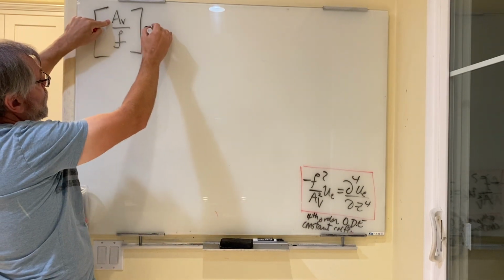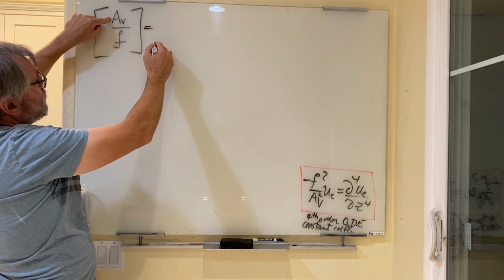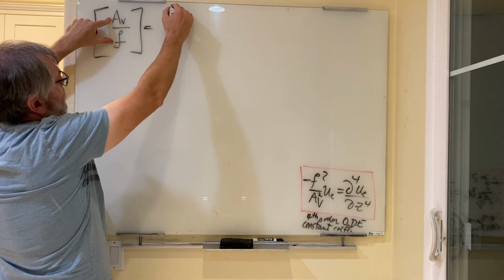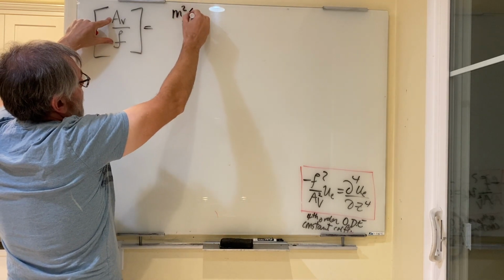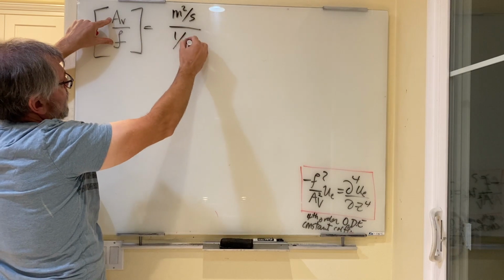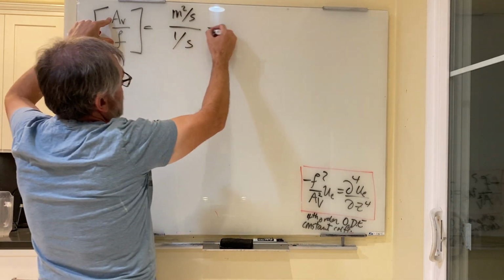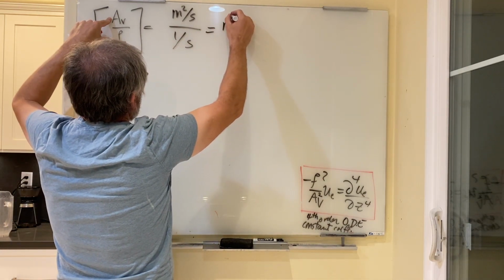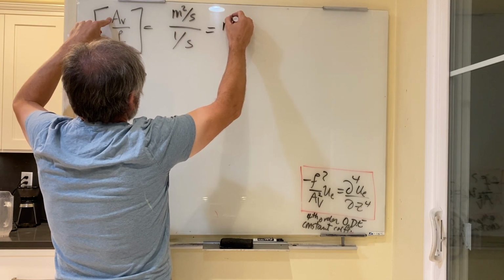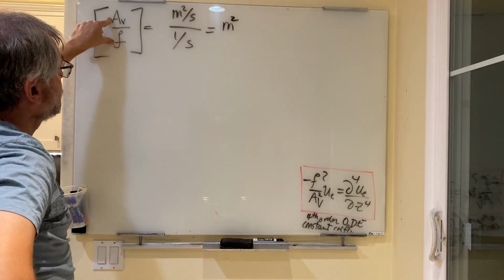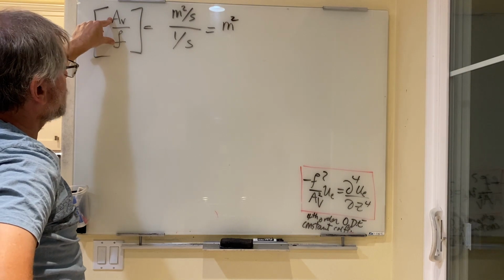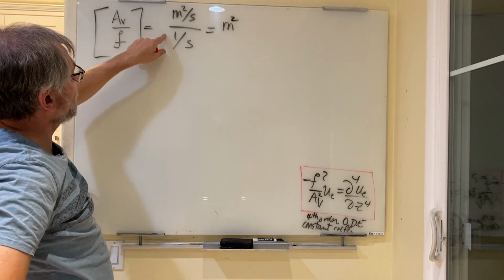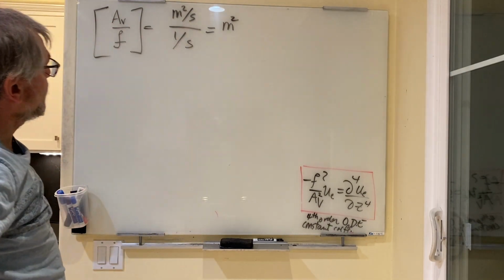So this quantity will have meters squared per second, and f is per second. So that's meters squared per second on top and 1 over second on the bottom, which is the same thing as meters squared. Yes, the per seconds cancel from the top and the bottom. And so we just get a meter squared.